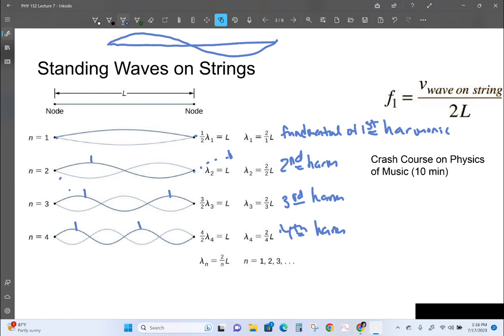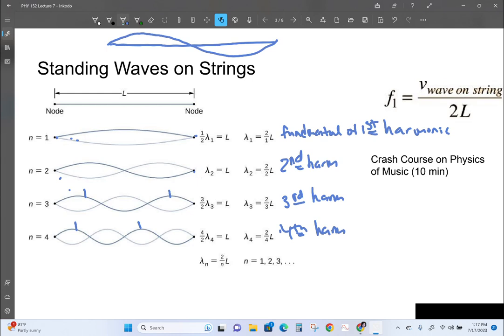So you can see that as you go up, you can get more and more wavelengths in that same length of string. In the fundamental, the length of the string is equal to half of the fundamental wavelength. At the second harmonic, the length of the string is equal to 2/2, or that just goes to 1.